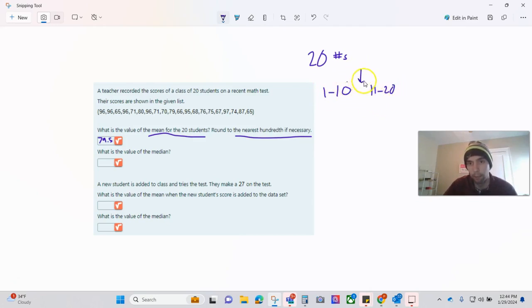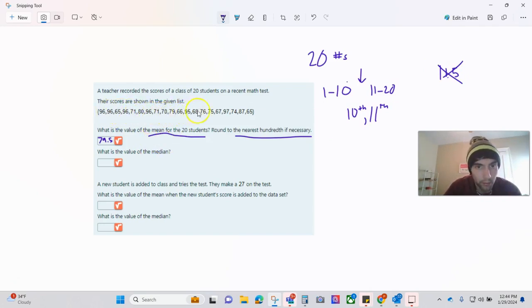So my median, my middle number, will be in between the 10th and 11th number. Not 11.5. That's not what it is. Not between 10 and 11. It's between the 10th and 11th number.